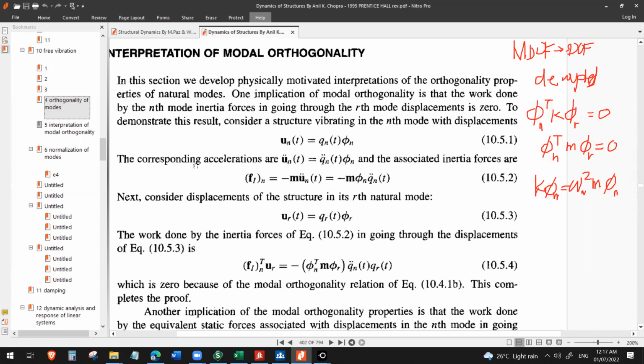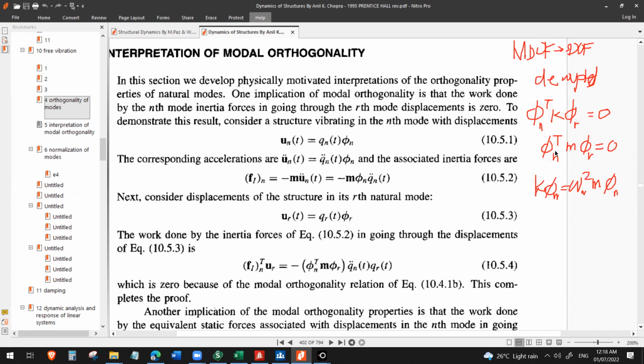So ganun din sa acceleration. The corresponding accelerations will be q n double dot as a function of time times the eigenvector phi sub n. Okay? So one implication of modal orthogonality is that the work done by the nth mode inertia forces in going through the rth mode displacements is zero.